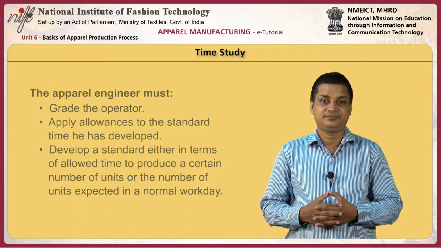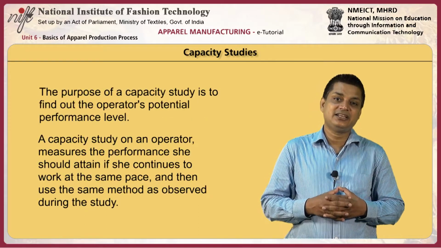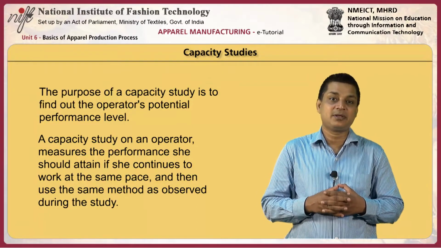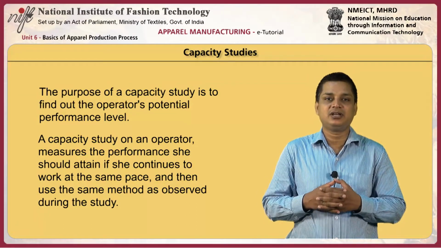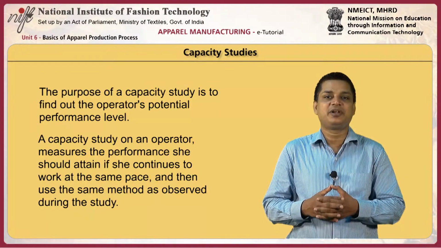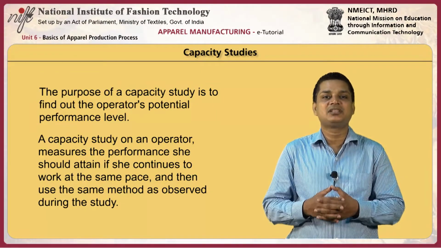A capacity study is similar to a time study in that the operator is timed, but the purpose is not to develop a time standard, but rather to find out the operator's potential performance level.